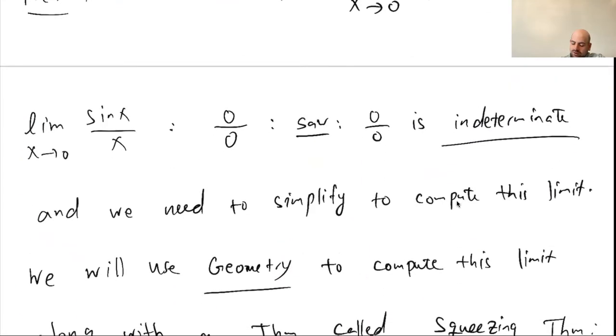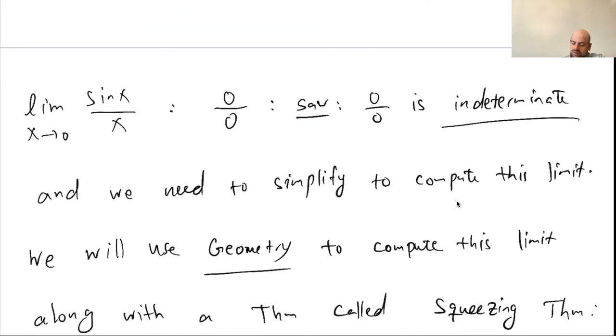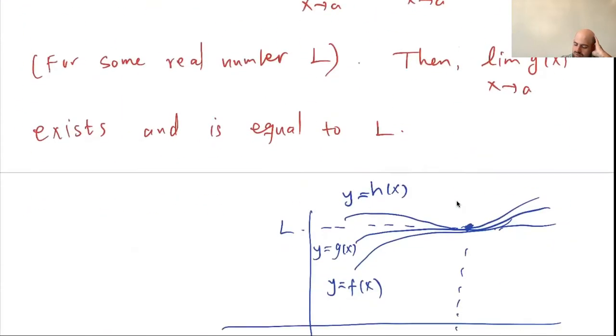Now, remember I promised you that I'm going to calculate this limit using geometry and the squeezing theorem. So this is the squeezing theorem. Now, what do I mean by using geometry?